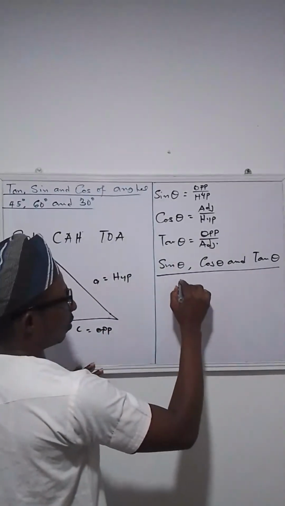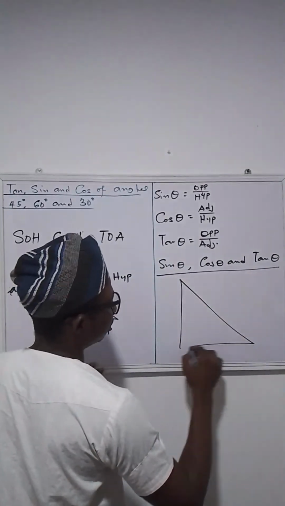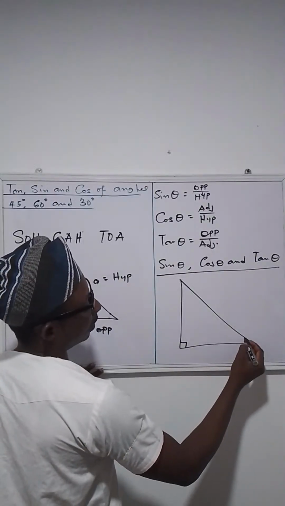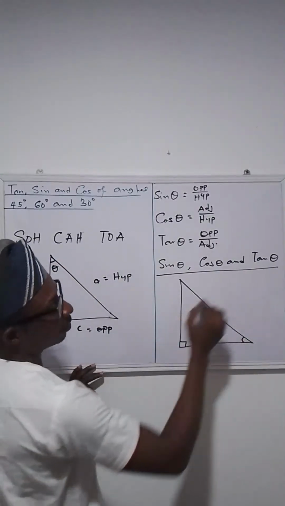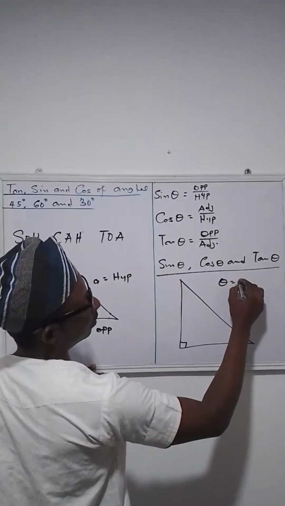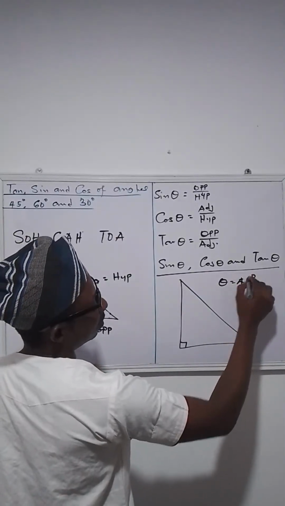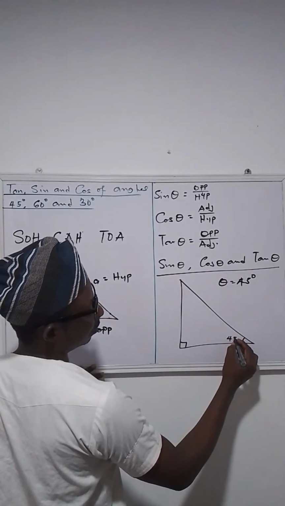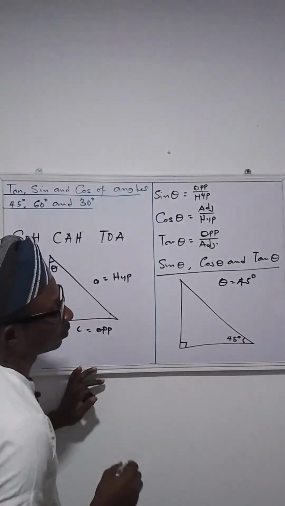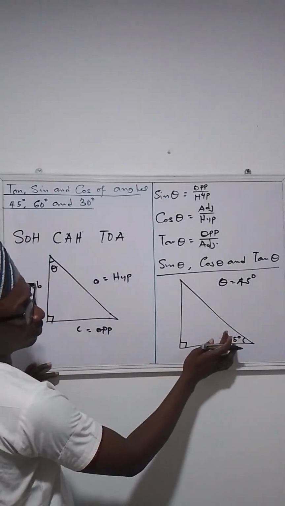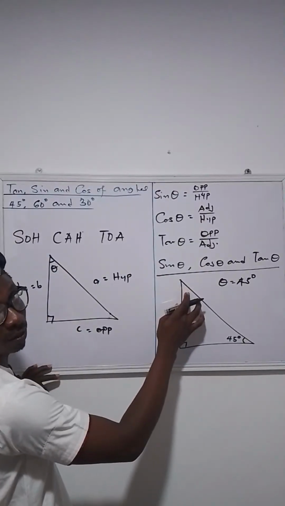Now let's look at our right angle triangle, and our theta is 45 degrees. So this is 45. And of course, if this one is 45, you know this one too is going to be 45.